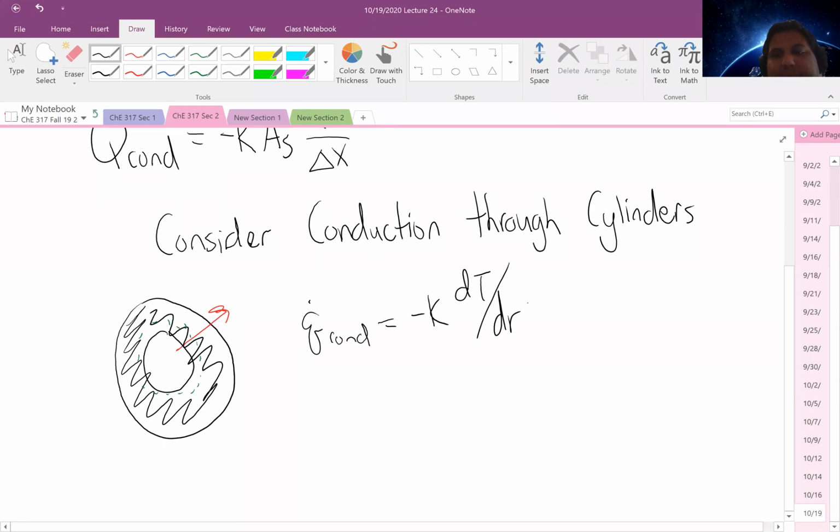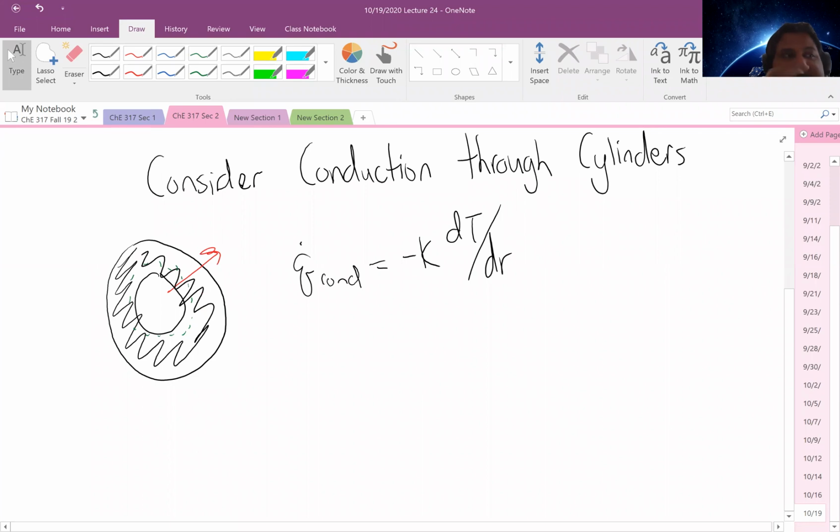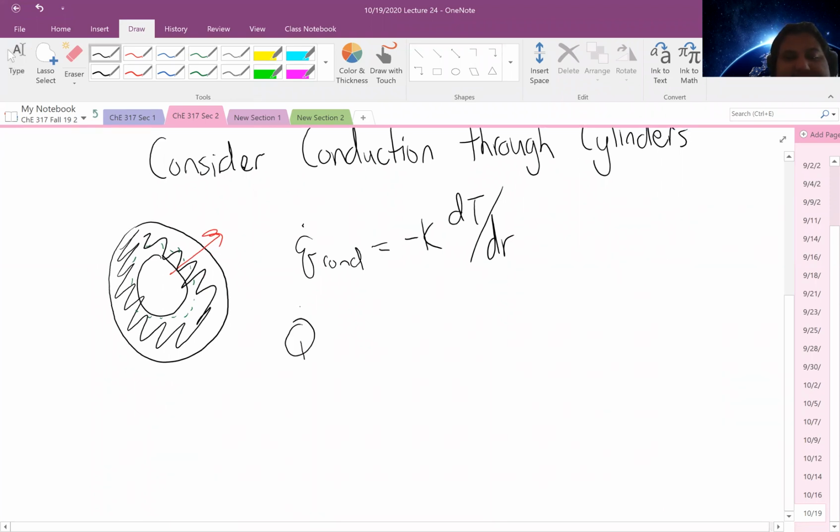However, when we solve the differential in the radial direction, what we find is that the Q conduction for a cylinder results in application of a natural log, such that when we correct for the surface area, we find that heat transfer via conduction of a cylinder can be approximated as negative 2 pi L times K times the gradient delta T divided by the natural log of the outer radius over the inner radius.